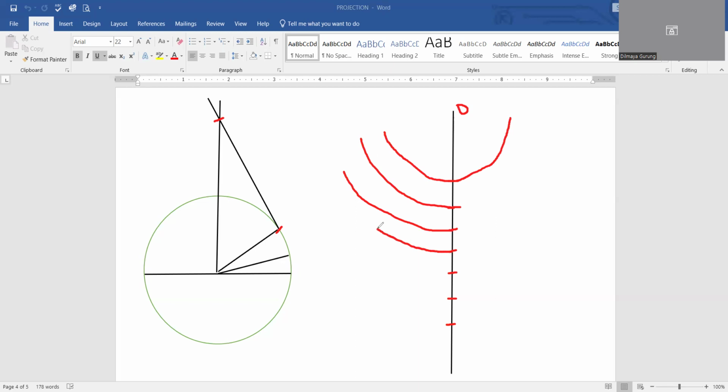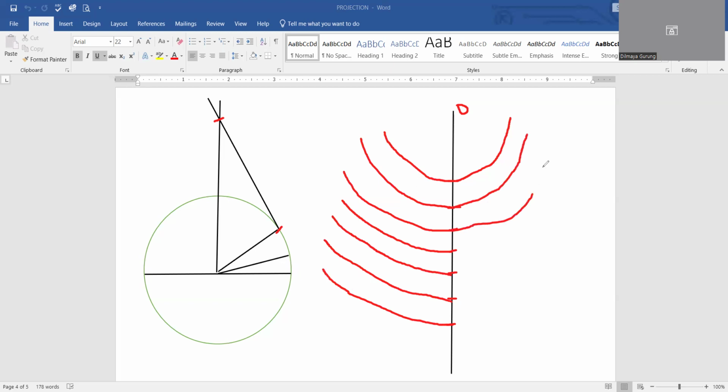When you make them with a compass, you'll get all the arcs exactly parallel to each other, meaning the difference between all arcs from beginning to last will be equal. After this, we'll label these latitudes. See, all are parallel to each other.